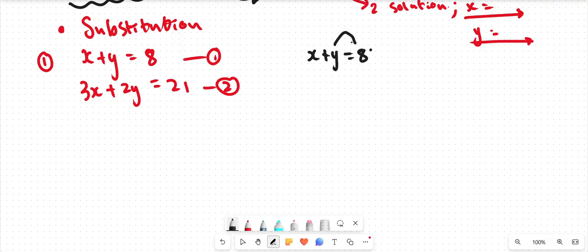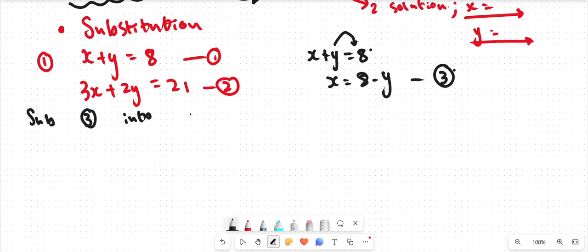If I make x the subject, I need to take the y over, and so it's 8 minus y, and this I call equation 3. Then once I have equation 3, I go and sub 3 into 2. So that's what I'm going to do.